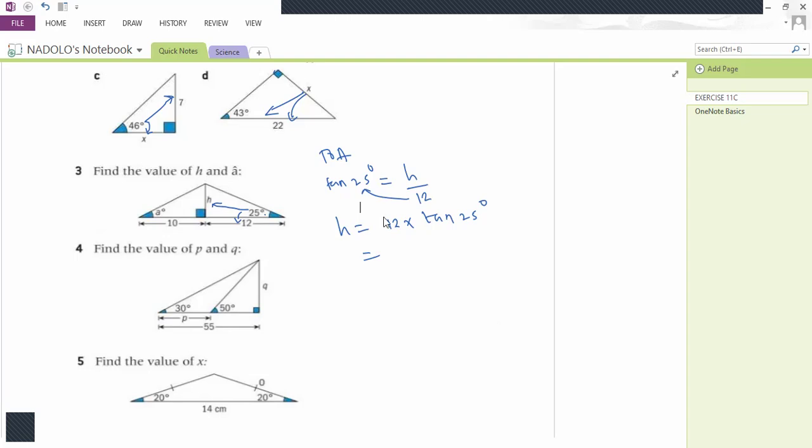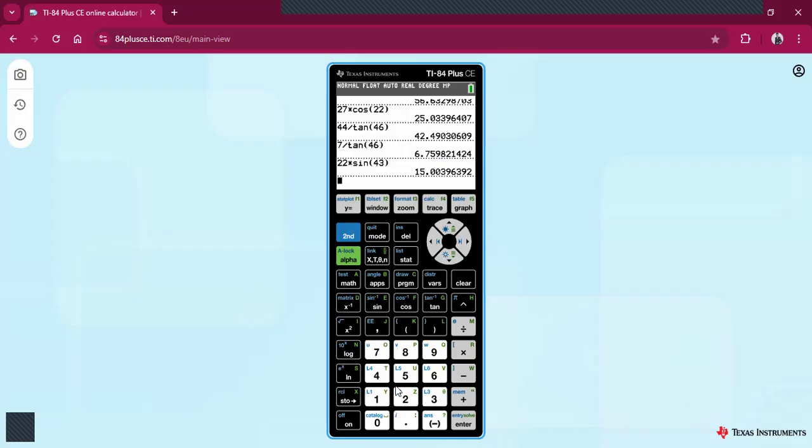So we're going to do 12 multiplied by tan of the angle there, which is tan 25. Tan 25, closing bracket, enter, 5.5956.